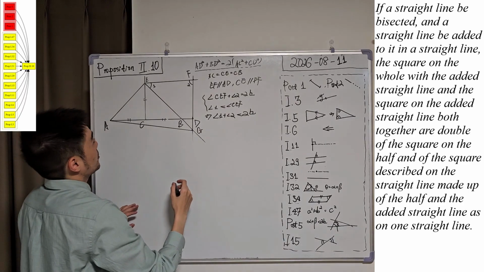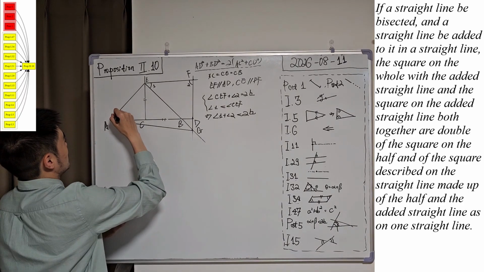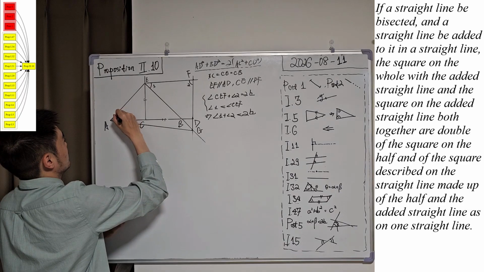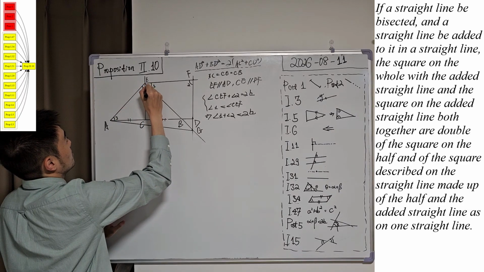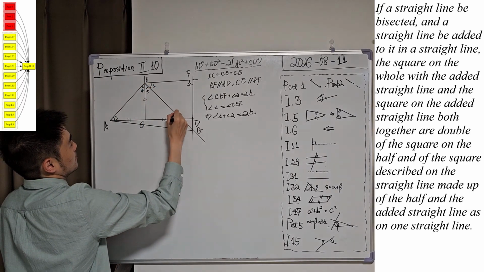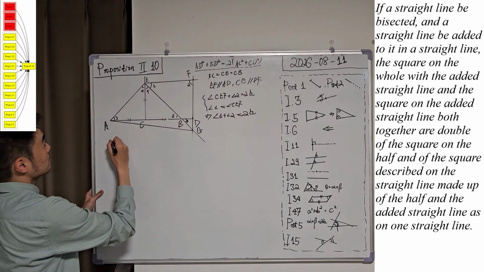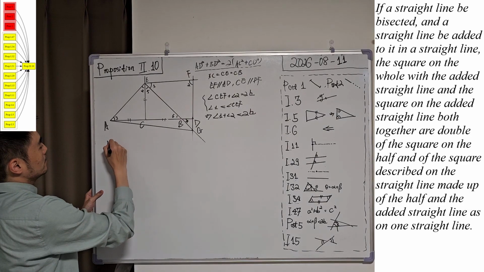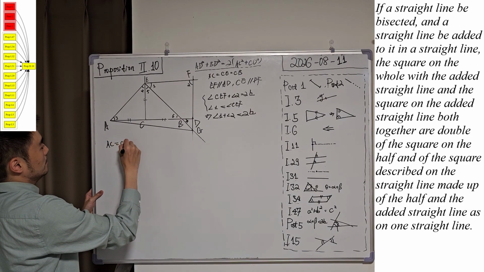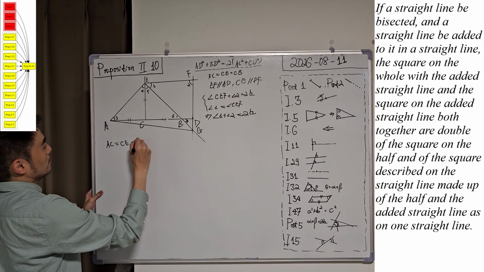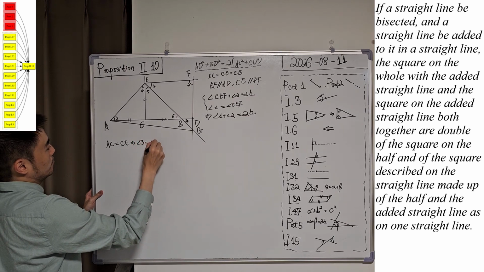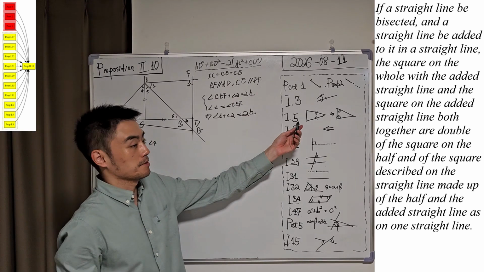Okay. So let's give them some marks. Angle 1, 2, 3, 4, 5, 6, and 7. We know that AC equals CE. Thus, angle 3 equals angle 4 because of proposition 5.